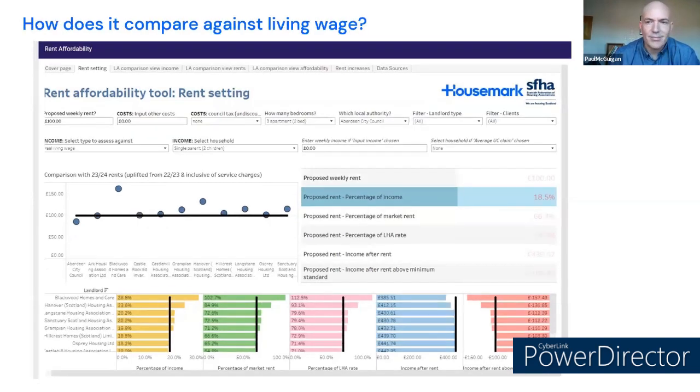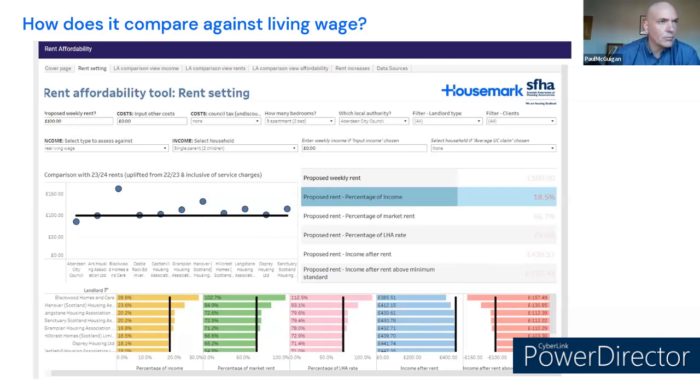Karen, if you can move on to the next slide, please. And then living wage, as said in an earlier slide, the different income types are there. So again, we've just moved that income drop down to real living wage, and you can see what that looks like. We haven't changed the household makeup there.